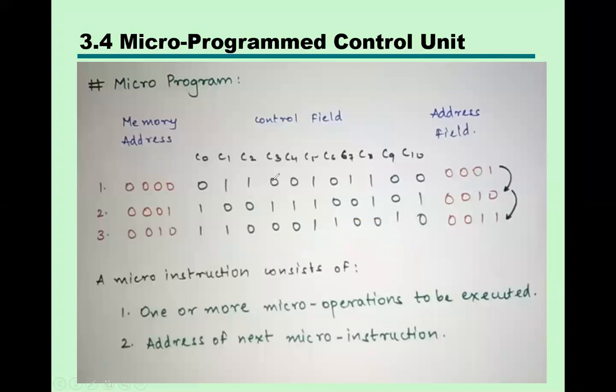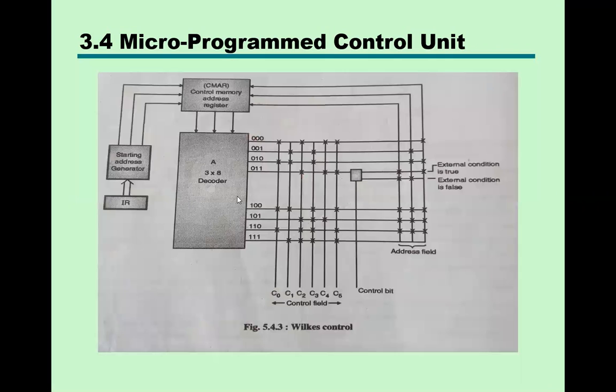As we have seen, what is the use of this signal? This signal sets the pin as per the micro operation, like MAR in, R3 out. This kind of activity is done by this control signal. And after reading this first instruction, it moves to the second instruction. The same thing is here. You will find these are the control field and these are the address field.